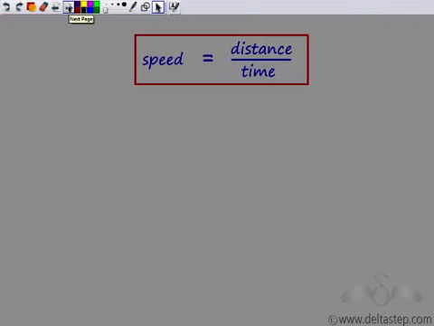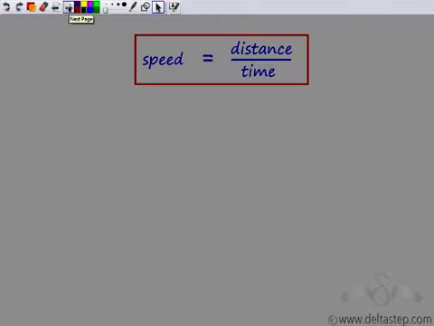Since the school was 10 kilometers away and it took him 15 minutes to reach the school, he said that speed of the car should be 10 kilometers divided by 15 minutes.